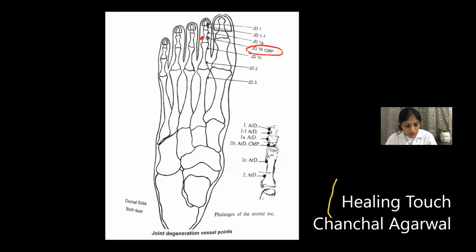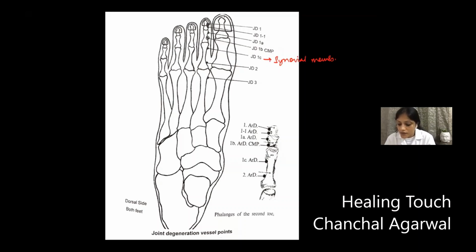Next is your JD1C. See what is written for JD1C. JD1C के लिए लिखा हुआ है, sorry, this is actually for synovial membrane. कहीं भी synovial membrane में erosion हो रहा है या synovial membrane related problem आ रही है, we can choose JD का 1C.